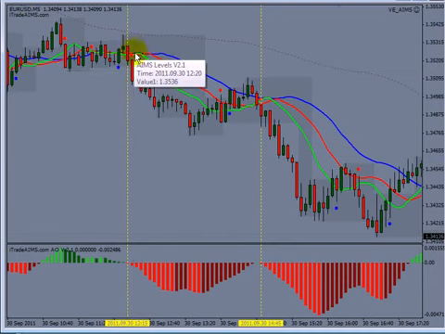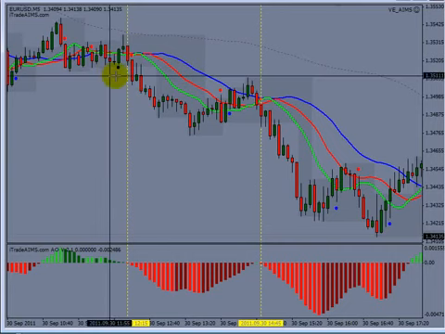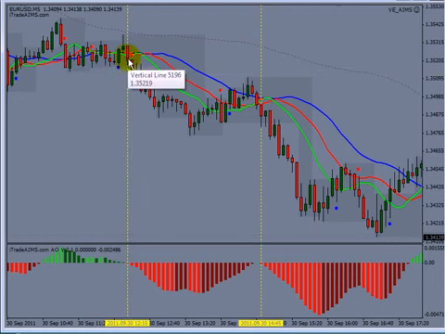So you have to count this distance, and this will tell you how far or how late you are into a trend. You want to be as close as possible to these lines. If you manage to be as close as possible to the zero line on these bars, then your trades are always going to be in the best positions.